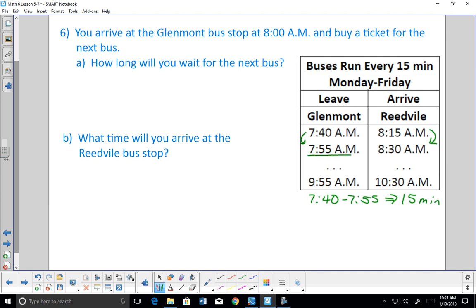Okay, 5 minutes after. And if buses run every 15 minutes, okay, 7:55 plus 15 minutes means your next bus is going to leave at 8:10. If you arrived at 8, okay, 8 to 8:10 means you're going to have to wait 10 minutes for the bus.